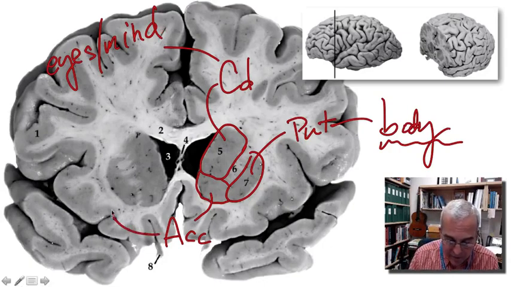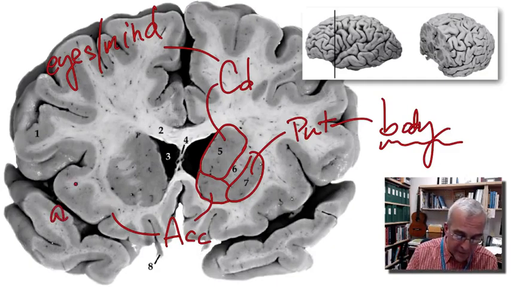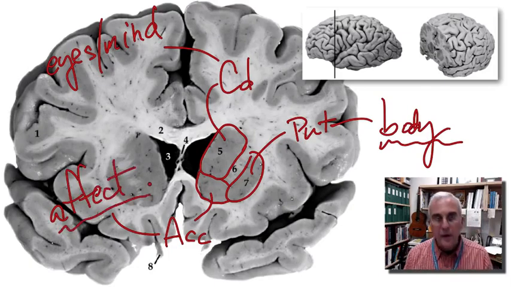The nucleus accumbens is receiving input from the ventral medial parts of the forebrain that are concerned with processing emotion or affect. So the nucleus accumbens is going to be involved with moving affect. So what do I mean by moving affect? Well, I mean the nuances of our emotional life as we go from one moment in our day to another.